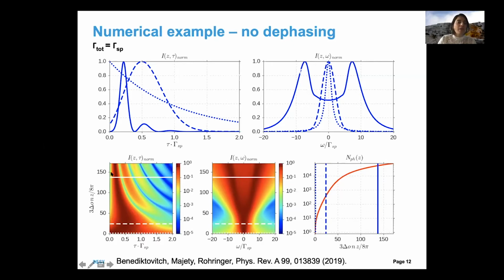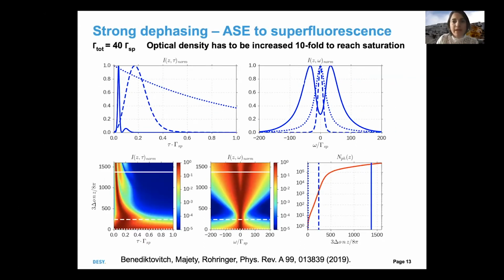And if we have very saturated emission, for very long samples, we get this typical ringing phenomenon of superradiance, reflected in this peaked structure in the emission. Now if we include dephasing, we see the phenomenon of amplified spontaneous emission initially. So we have a much broader emission width that's given by the total decoherence time.